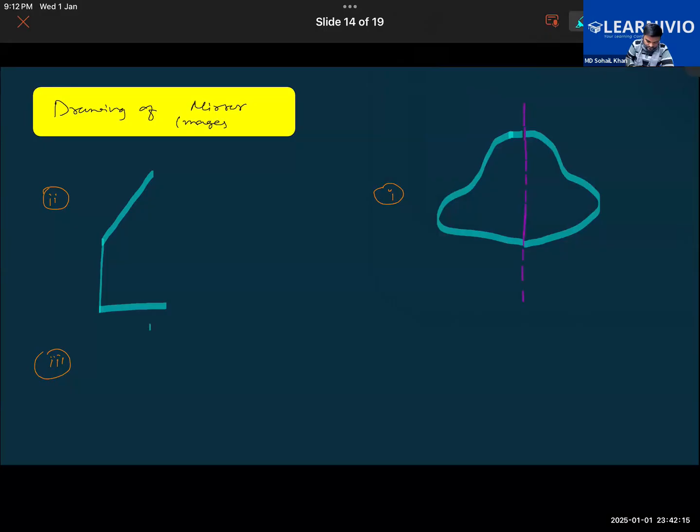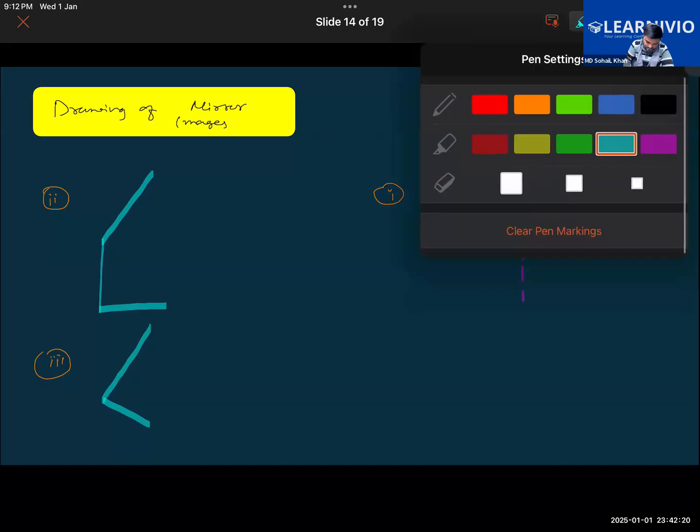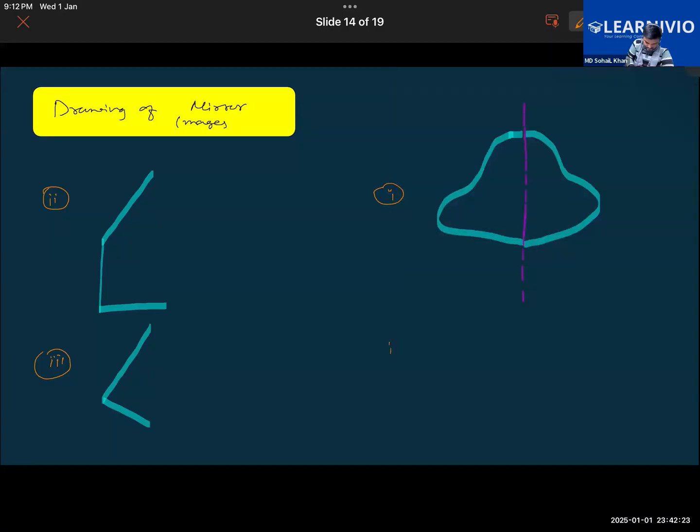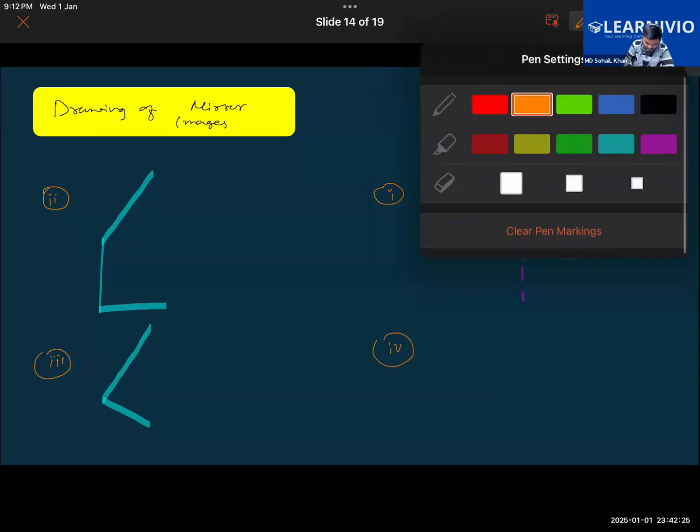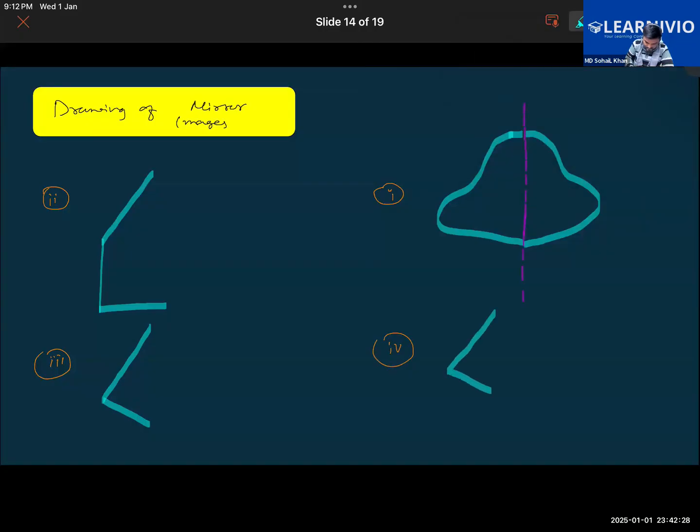Next is... It would be like this for the second one.